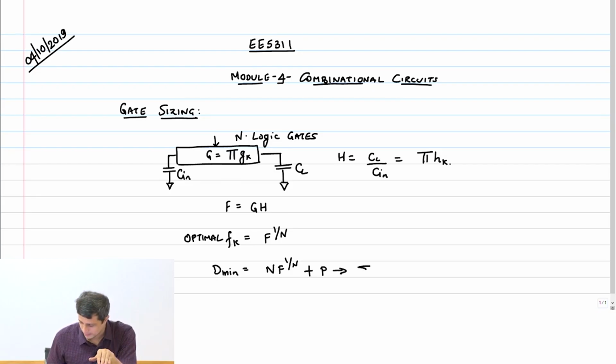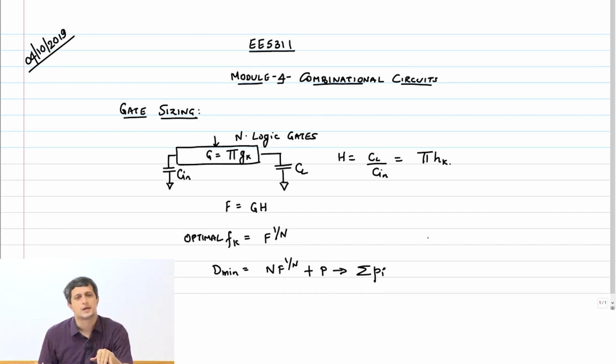This is nothing but summation Pi, parasitic. Unlike the path logical effort and path electrical effort, the path parasitic effort is just the sum of the delays. It's not the product of the delays. Just keep that in mind.